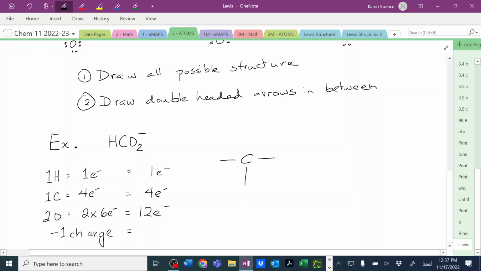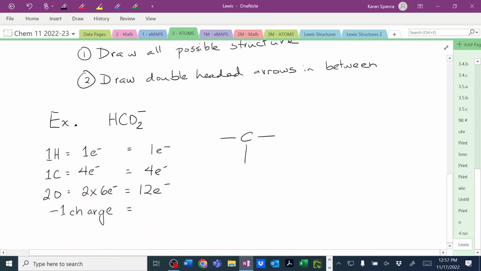So I'm going to kind of teach my way through this because Evan's been away, and so I'll kind of do it. So if you're struggling, you can follow along. If not, just ignore me, okay? So we have 1 electron from hydrogen, 4 electrons from carbon, 2 oxygens. So 2 times 6 valence electrons gives us 12 electrons.